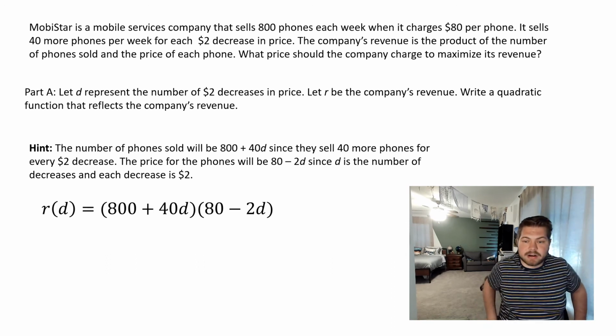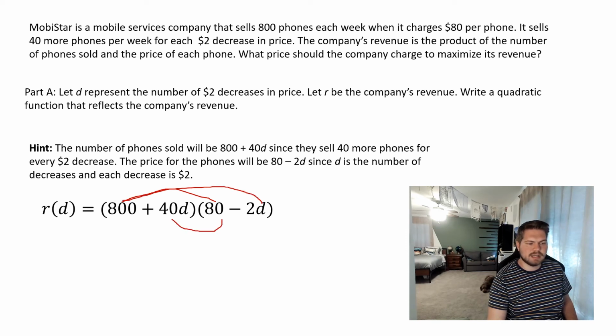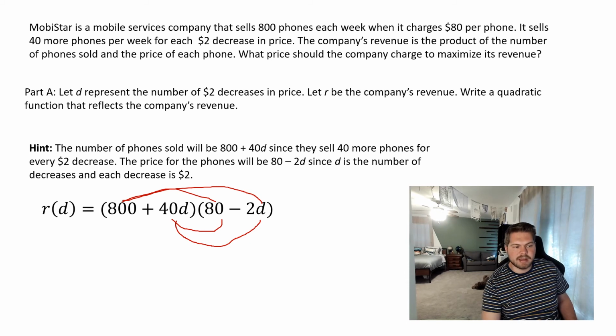And this is going to be our quadratic function. So you're going to slowly break it down: 800 times 80, then 800 times negative 2D, 40D times 80, and 40D times negative 2D. Hopefully you vaguely remember doing that.